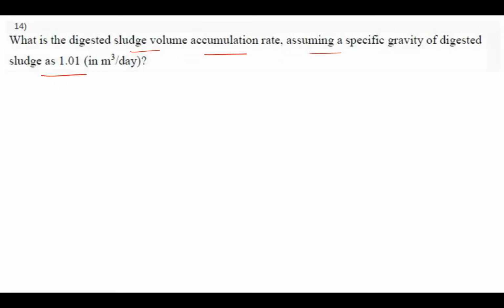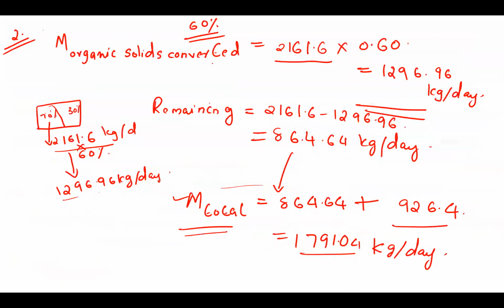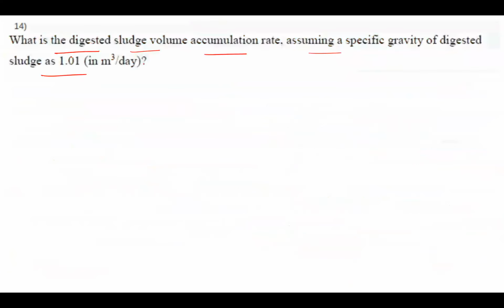So now we have the values for the total dry mass of the solid in the sludge. And then we have to proceed. What we have to calculate is the digested sludge volume accumulation rate, that is also in meter cube per day.